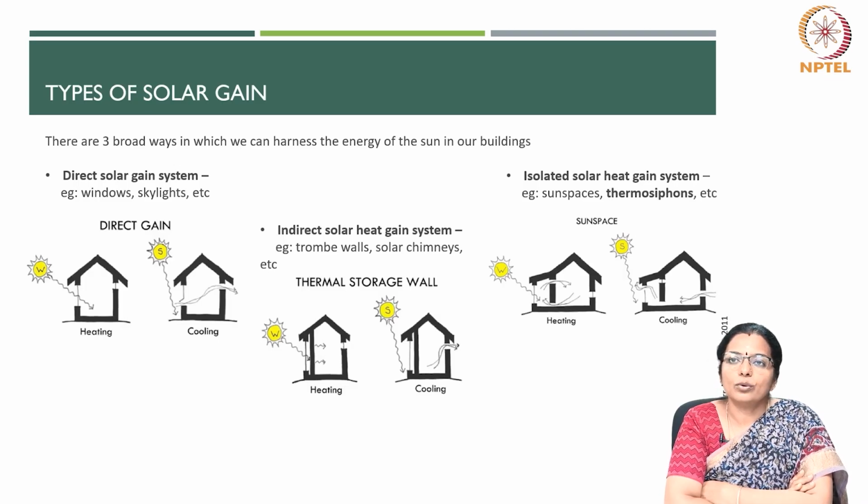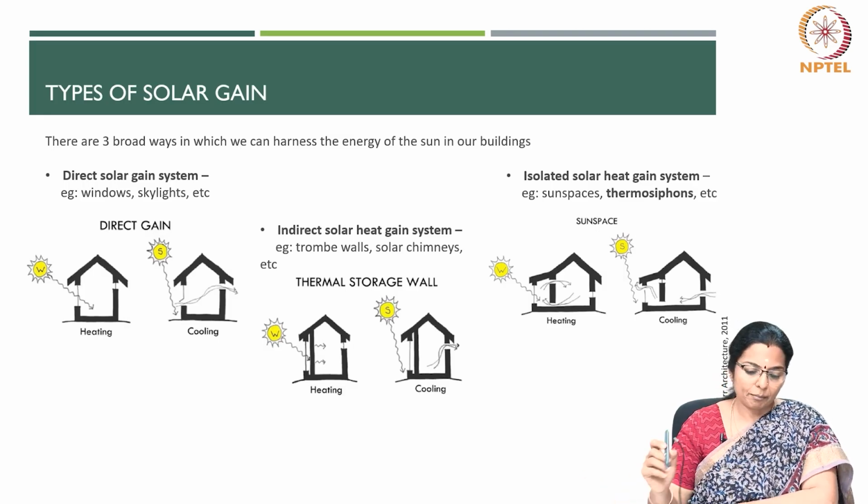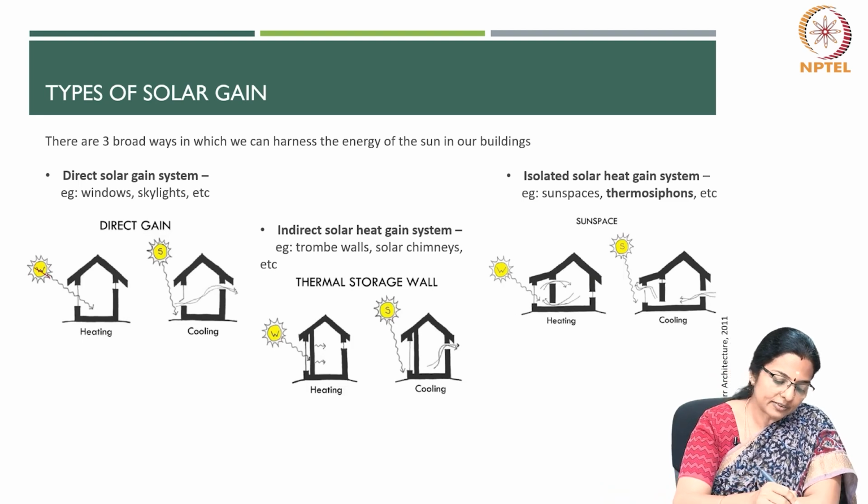So the sun could heat the living areas directly with a direct solar gain system, where the heat in this area is re-radiated back into the space by the glass surface. So directly heat gets radiated inside.